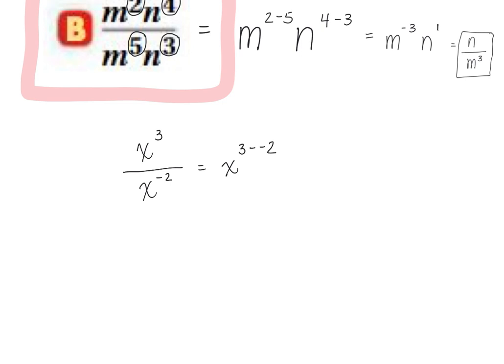Because our exponent in the denominator was negative, we have to subtract a negative number. What's the same as subtracting a negative number? Just adding. So this is actually x to the 3 plus 2, which is going to give me what, Janessa? X to the 5th. Interesting, right?